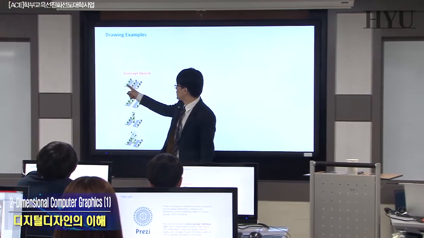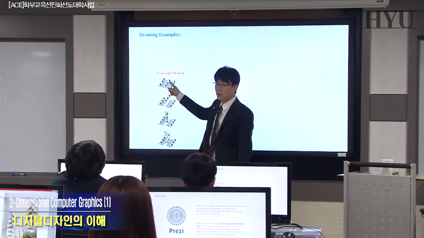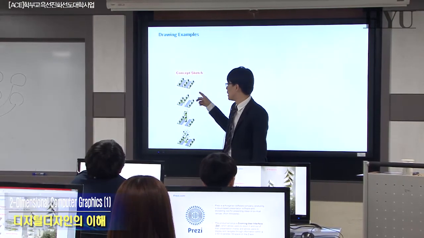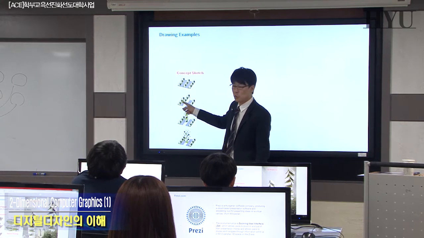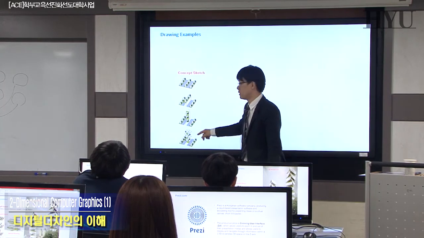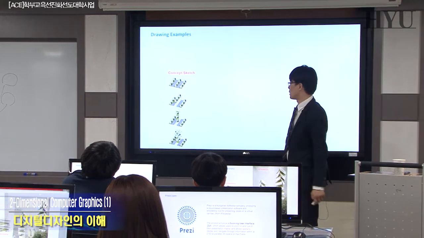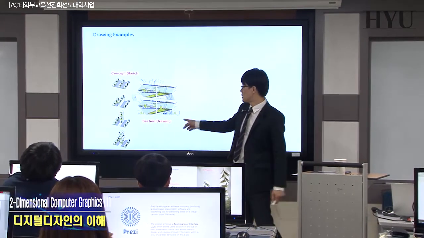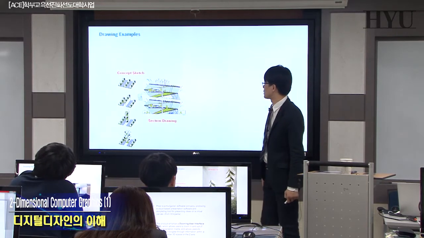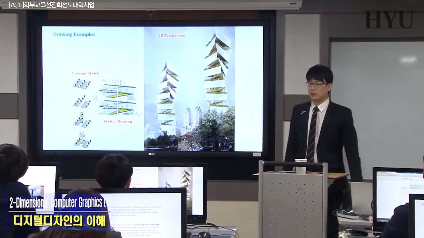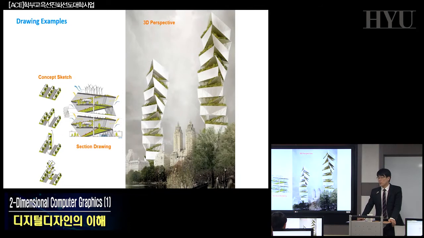As you see here, series of houses deployed in this way, parallel, but they pulled up one row and rotated and distorted. That's their design concept. And this is their section drawing with some color fill and objects and the 3D perspective of this building.